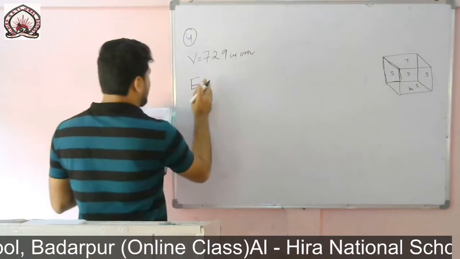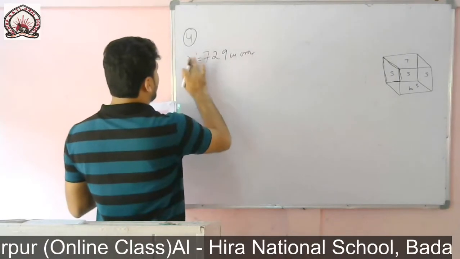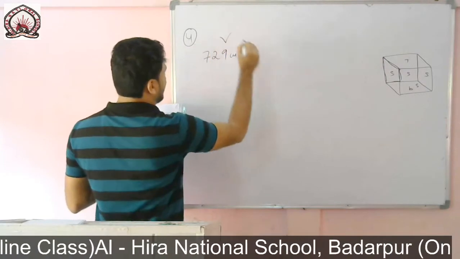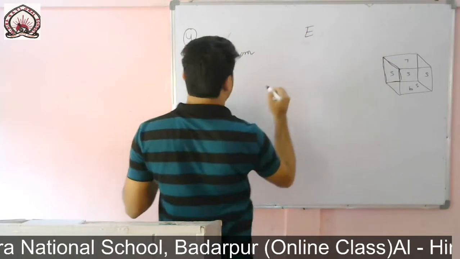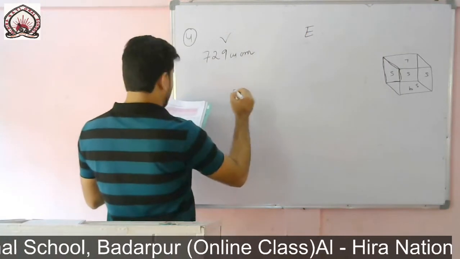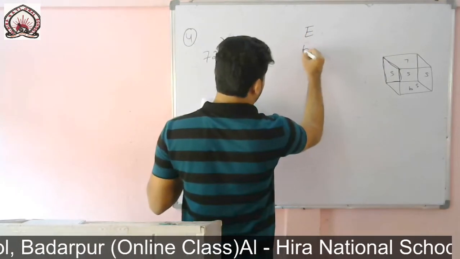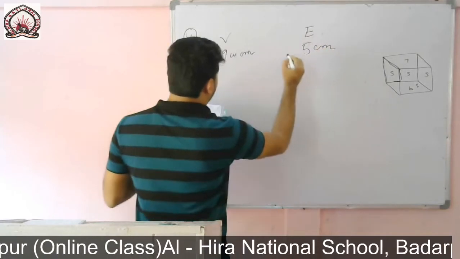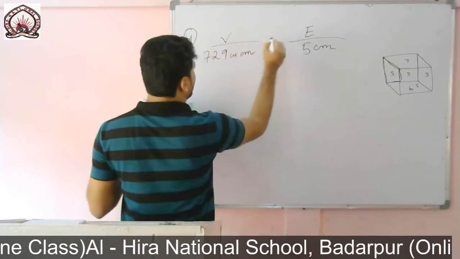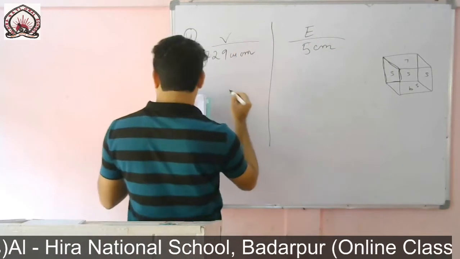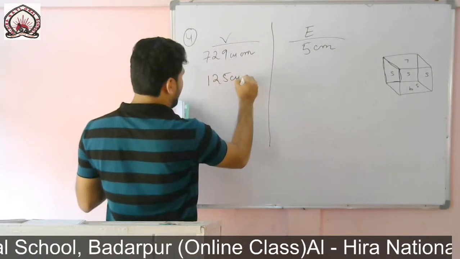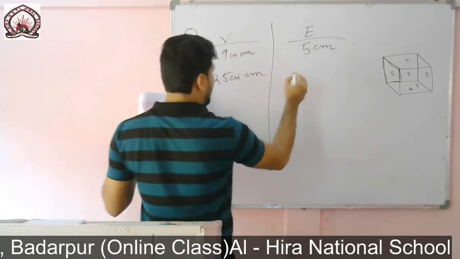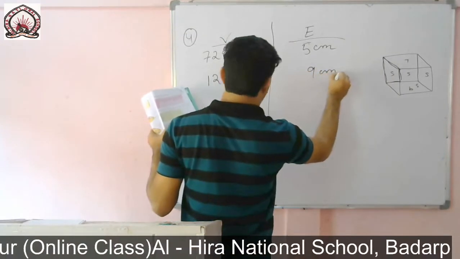Then you match like this, volume, you write here edge, then 5 centimeter. After that you'll match, 125 cubic centimeter, 9 centimeter.